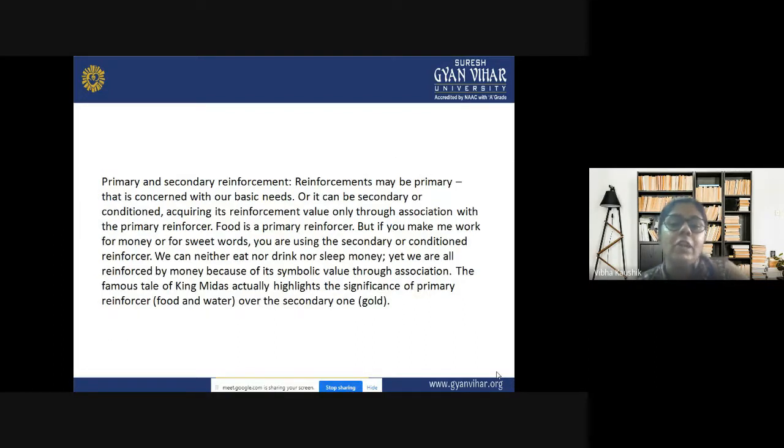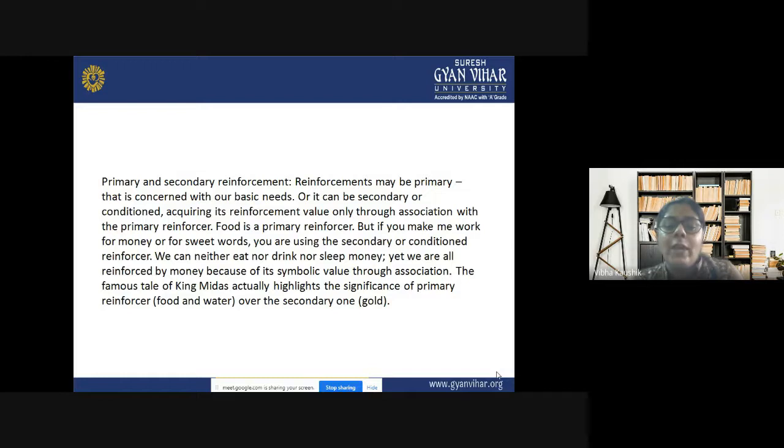Primary and secondary reinforcement. Reinforcement may be primary, that is concerned with the basic needs, or it can be secondary or conditioned, acquiring its reinforcement value only through association with the primary reinforcement. Food is a primary reinforcement as it is helpful for survival, and those reinforcers that are useful for survival are known as primary reinforcers.